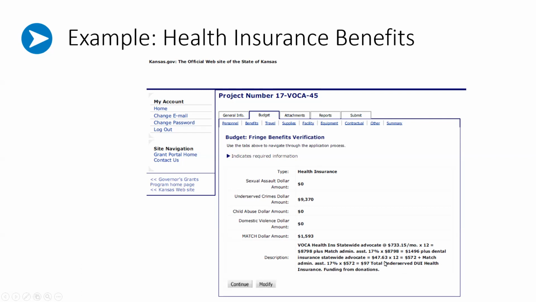It was $47.63 a month times 12. And then when we added those together for the administrative assistant and the advocate, we get the $9,370 and $1,593. So as you read through this, they're broken out separately, but you'll notice that it tells exactly how we got those dollar amounts.